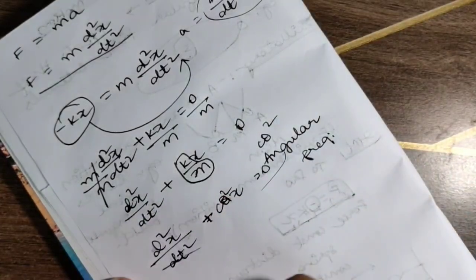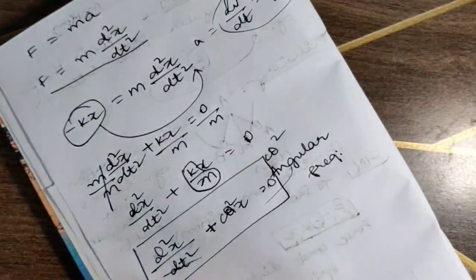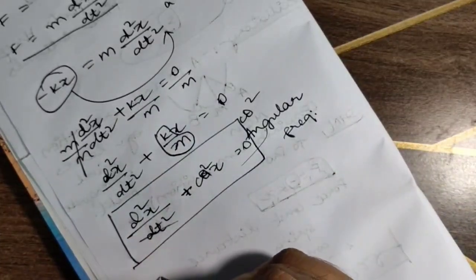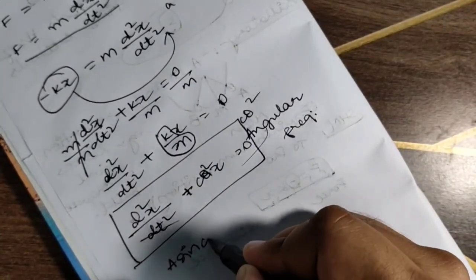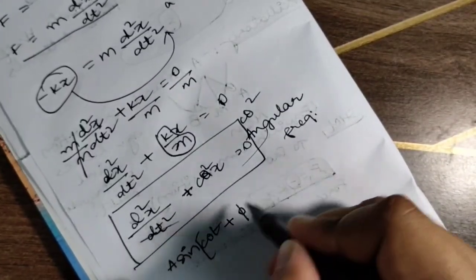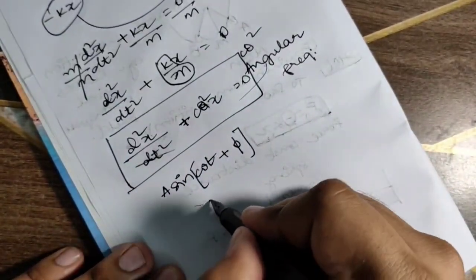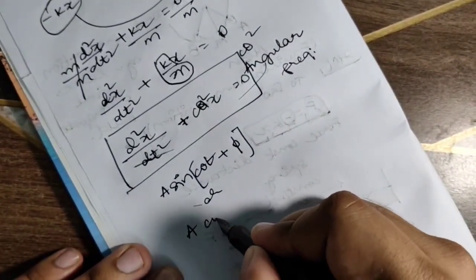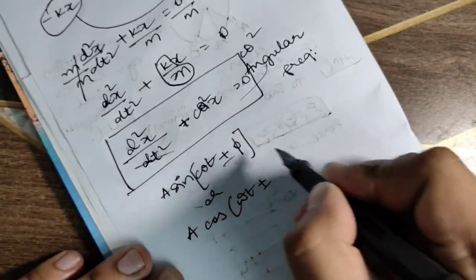This is the differential equation for simple harmonic motion, and you will see its solution is somewhat similar to a sin(omega t plus phi). Phi is called the phase difference, nothing to worry about, we'll discuss it in the upcoming videos, or a cos(omega t plus or minus phi).